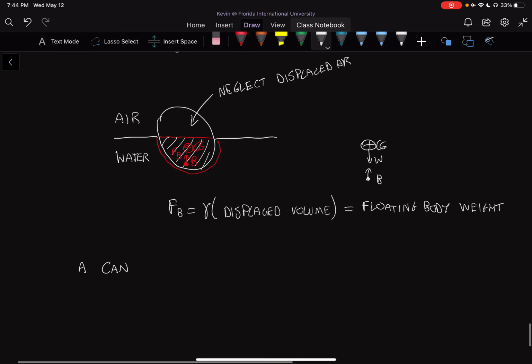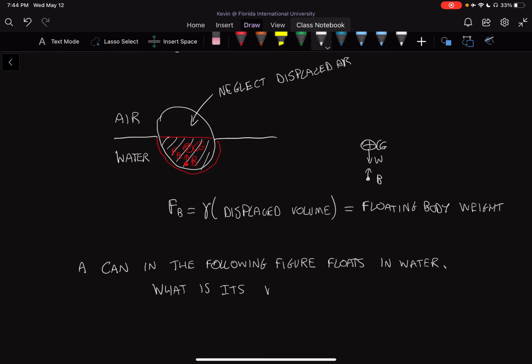A can in the following figure floats in water, and we're told to find what is its weight in newtons.